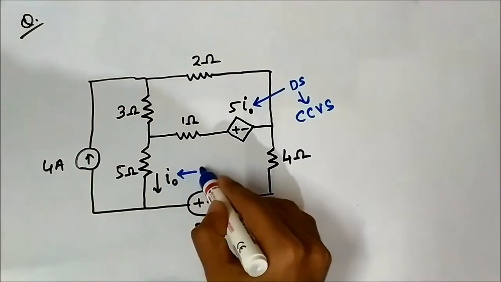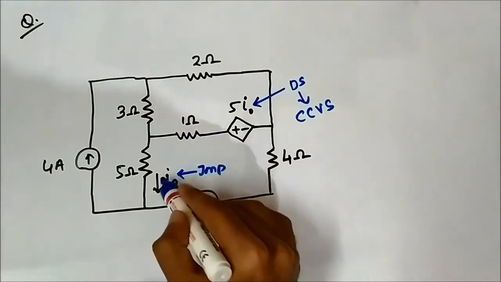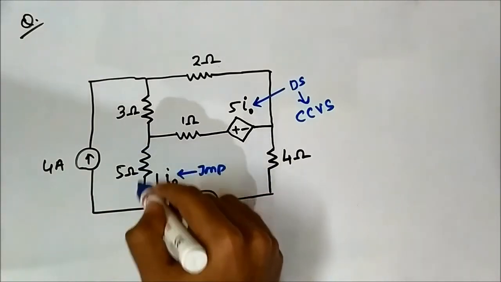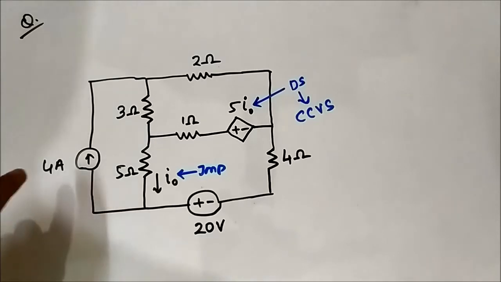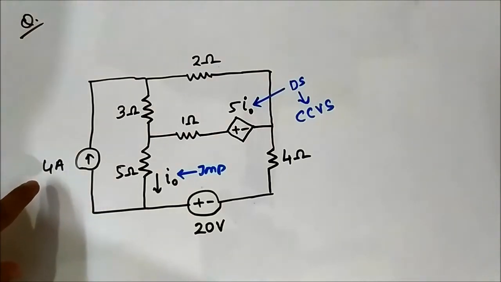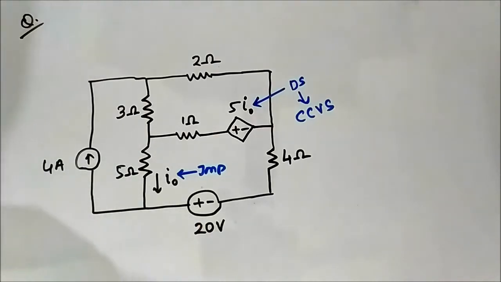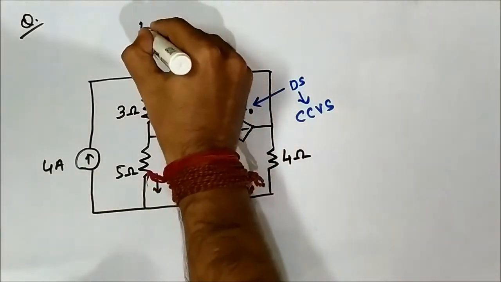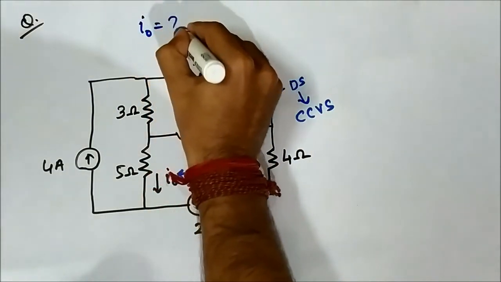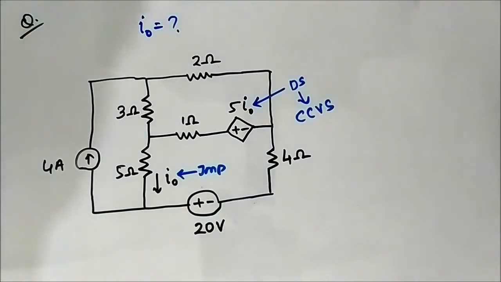This is important. Current flowing through this 5 ohm resistor, and it has two independent sources, a 4 ampere current source and a 20 volt voltage source. And our question is to find out this I0 using the superposition theorem.